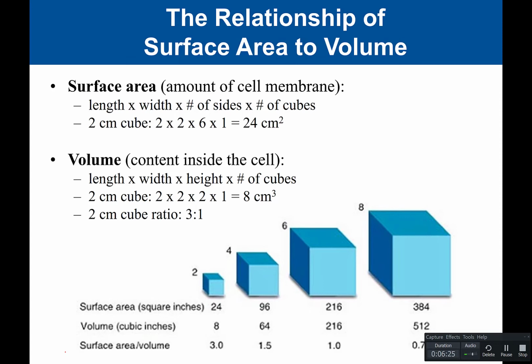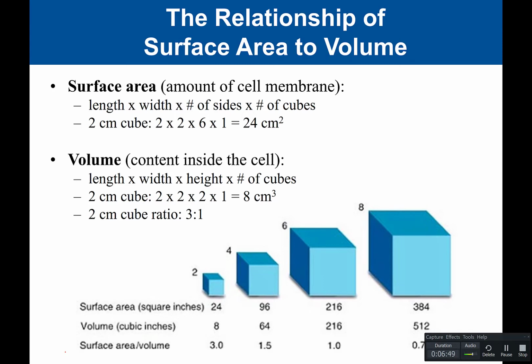Look at this example of various size cubes. So if we had a 2-inch cube on every side and we calculated the surface area, it would be 24 square inches. Volume would be cubic inches. So make sure when you're indicating your volume, you're putting cubed.